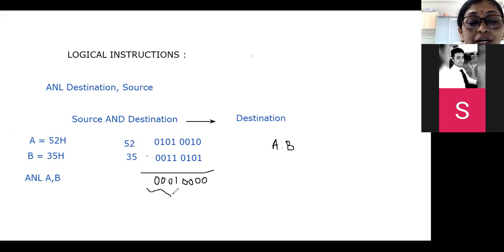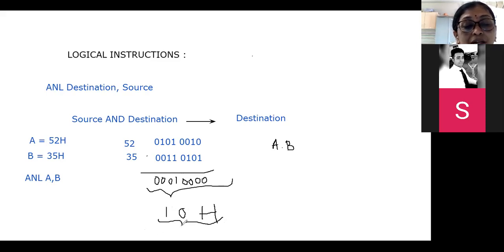The hexadecimal equivalent of this is 10H. After execution of the instruction ANL A, B, the result produced is 10 hexadecimal, and this result will be present in the accumulator.